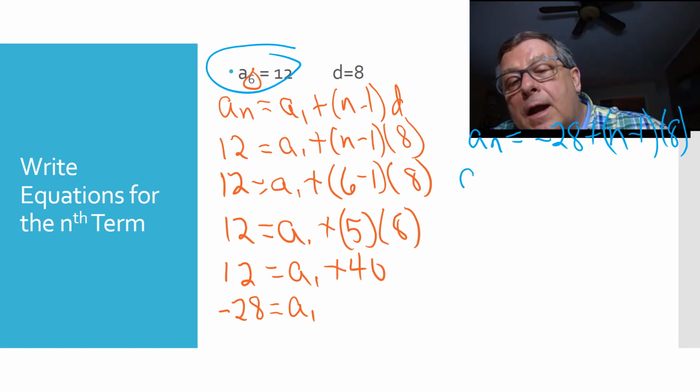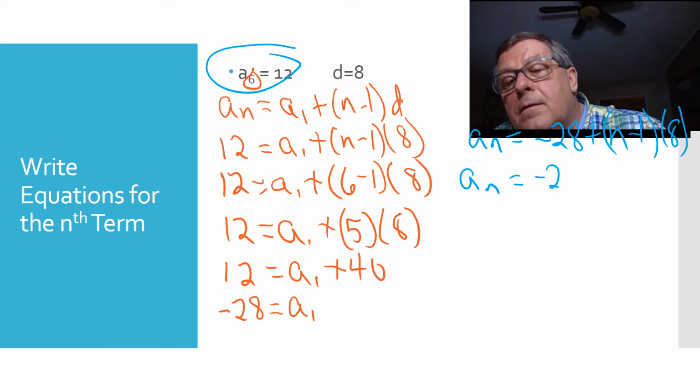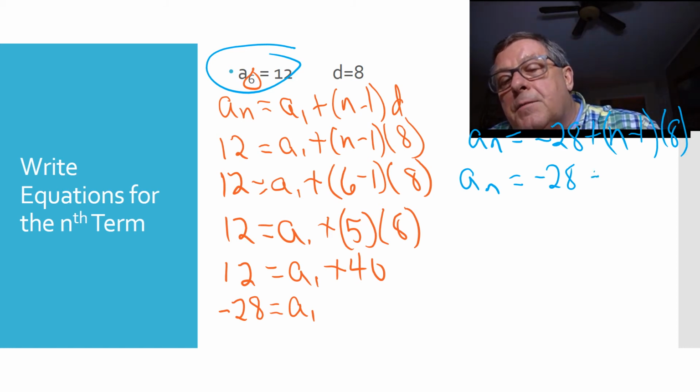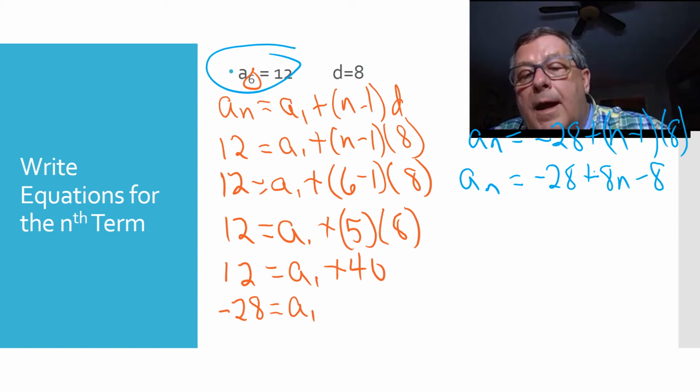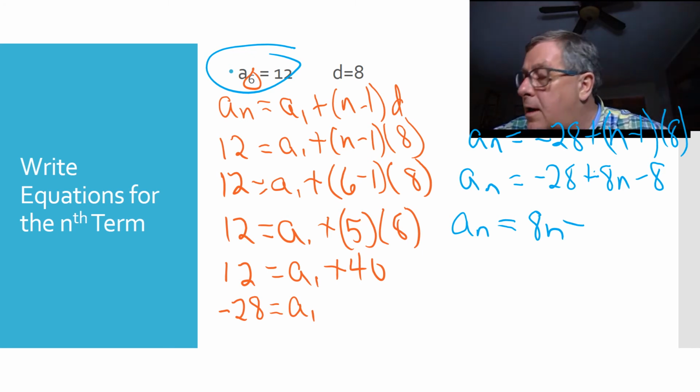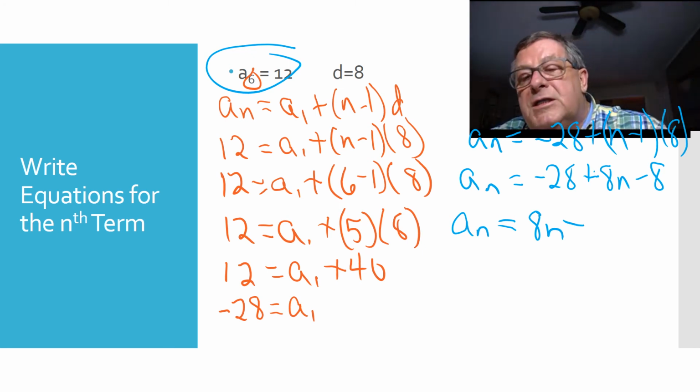So we've got An equals negative 28. I'm going to distribute the 8 to the n minus 1, which gives me plus 8n minus 8. To finish off our equation for this sequence, I've got 8n minus 36, since negative 28 and negative 8 is negative 36.